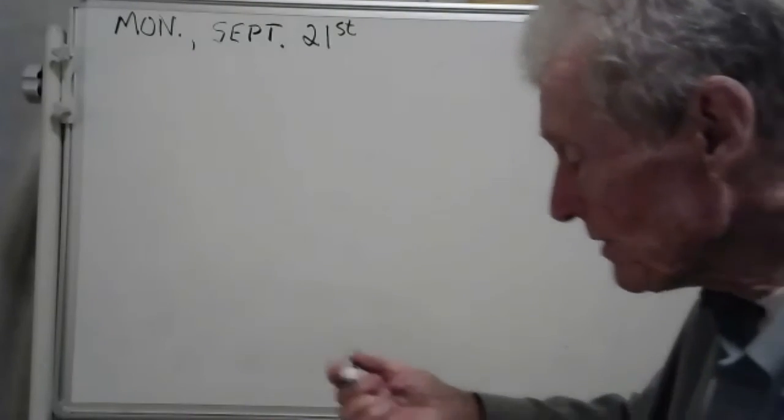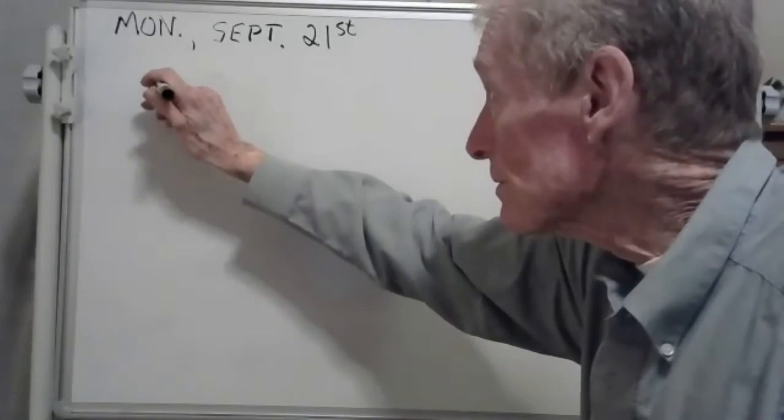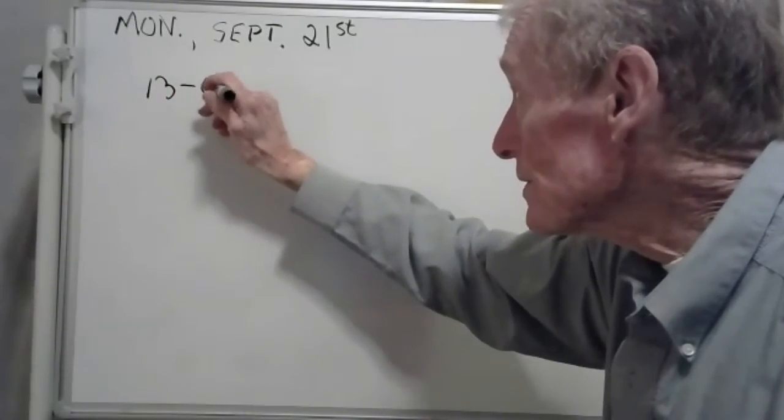Okay, now the one I wanted to do now is this one here. This is 1361. Now, this is not on your homework list, is it? I don't want to do your homework and spoil your fun.